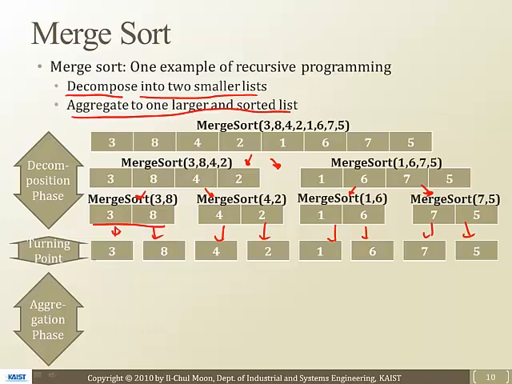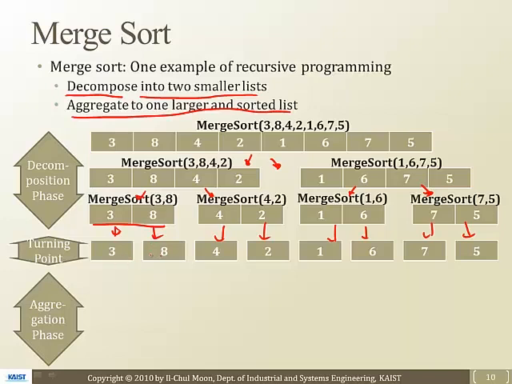And then we start aggregating. Because we divided it into the smallest pieces, we now start aggregating by elements.